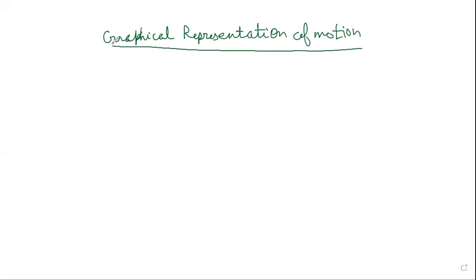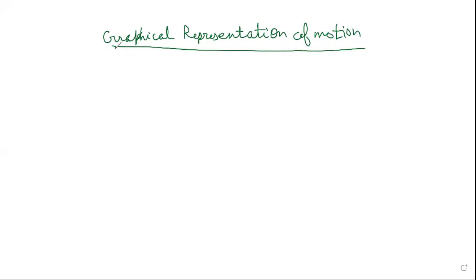So I hope you all are aware of the meaning of graph. A graph is plotted between two variable quantities, right? One quantity which varies at our choice is called the independent variable. The other quantity which varies as a result of the change is the dependent variable. So let me draw here.